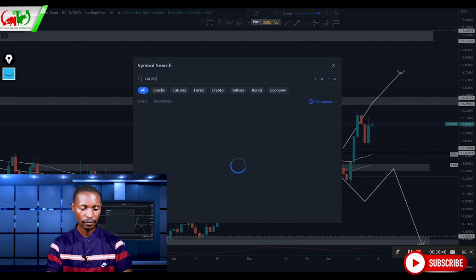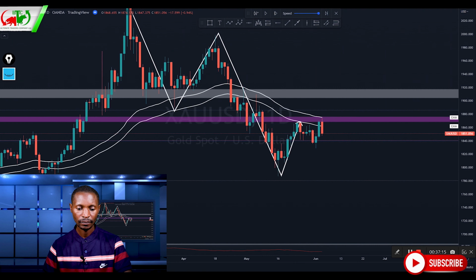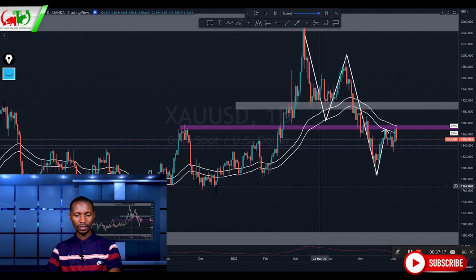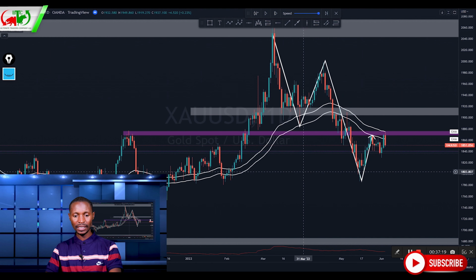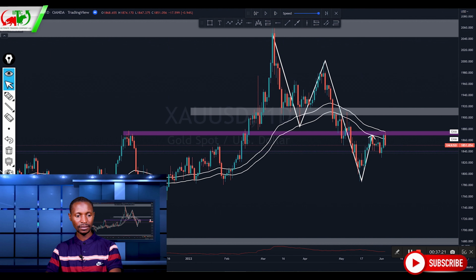Gold. Gold was in an upward trend, but since the lower high it made and the lower low, we could confirm this 1, 2, 3. So it was in a downtrend, and it was testing this minor resistance here.